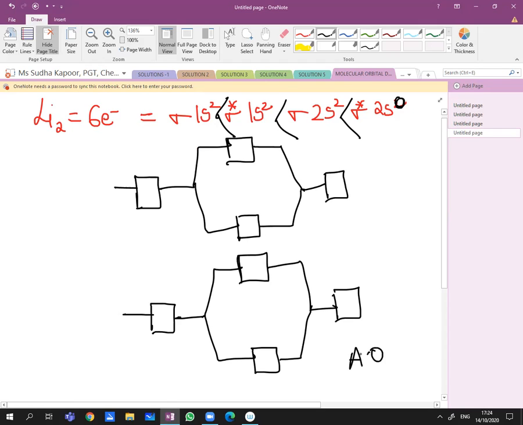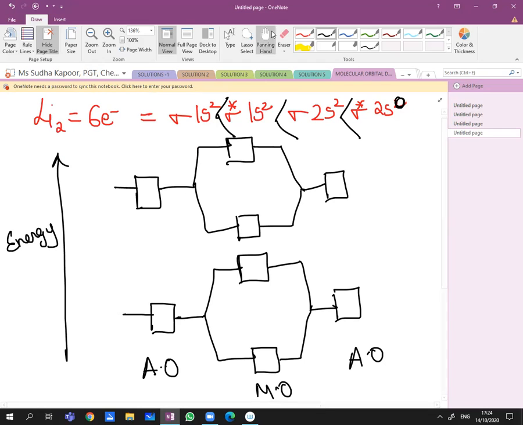There are the atomic orbitals, and in the center we will draw the molecular orbital. The sign of energy must be drawn from lower to higher. Then we will write sigma 1s2, antibonding 1s2. In the center there are 4, so we will distribute 2 on this side and 2 on this side.